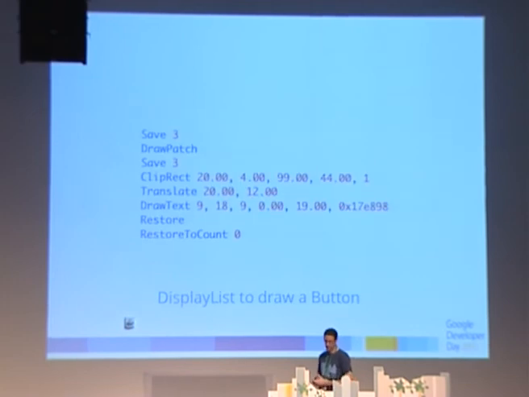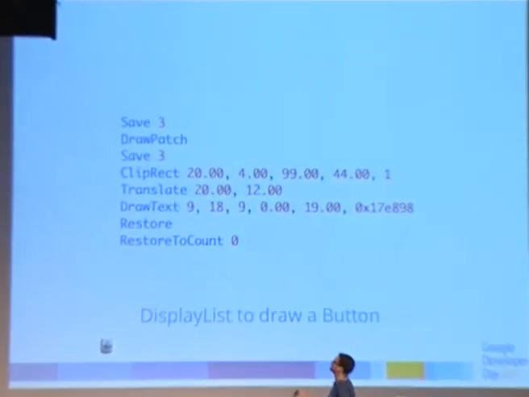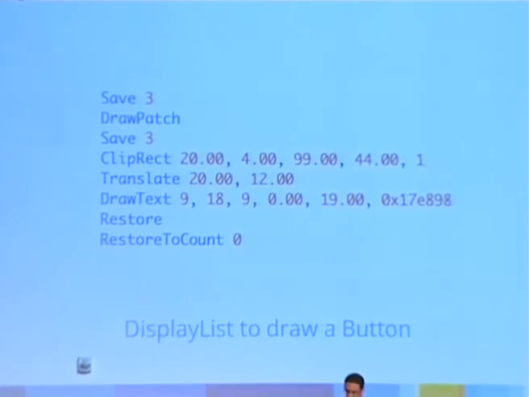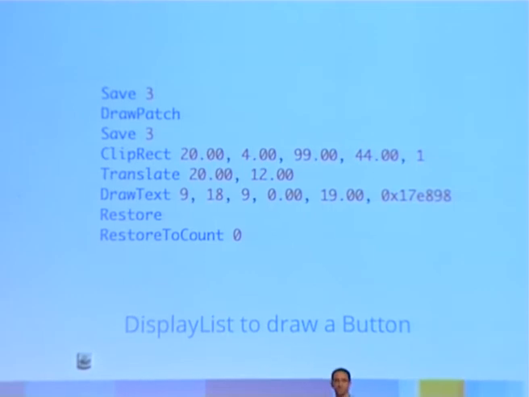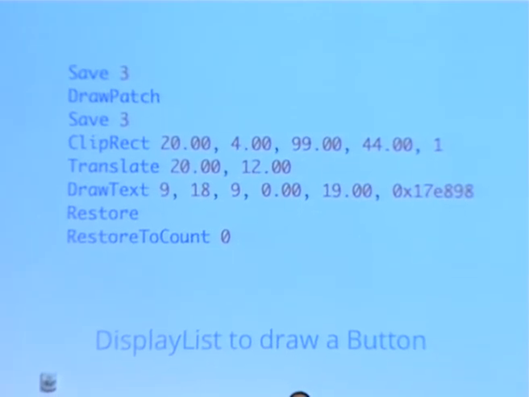So in this particular case, when we're drawing a button, instead of relaying out the entire button each time it gets redrawn, we store this display list, which says save, draw patch, clip rect, translate, draw text, and restore. And this display list is much, much faster to run through than remeasuring and relaying out the view as we did before.